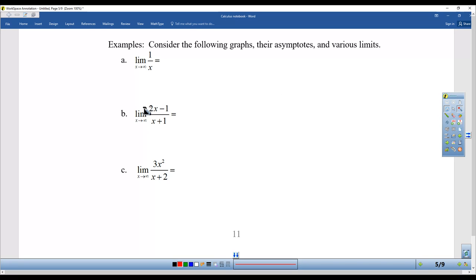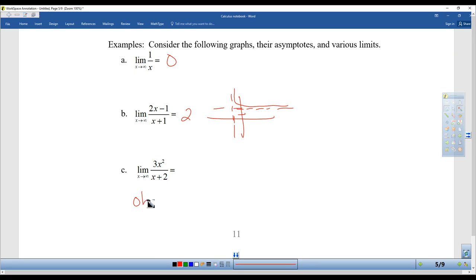For number 2, the horizontal asymptote of this graph is 2, so the limit is 2. If that's the horizontal asymptote, no matter what the vertical asymptote is, you know in the end it's going to limit out at 2. Now this one is the example from before, by the way, so the answers should be on the other page.